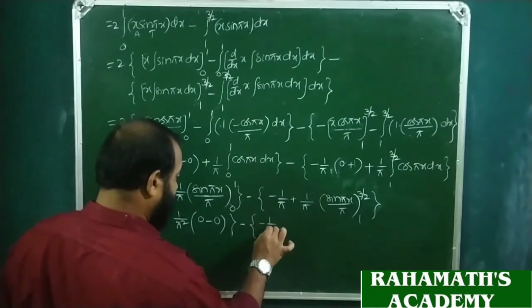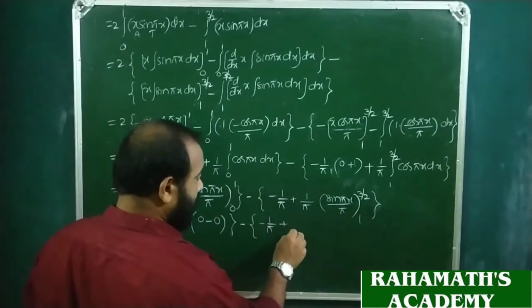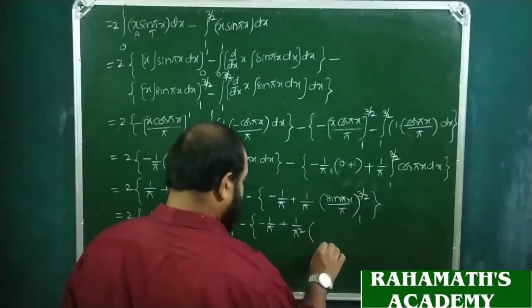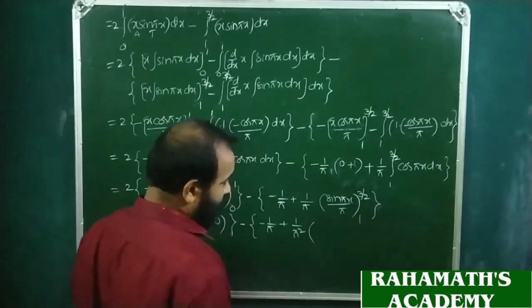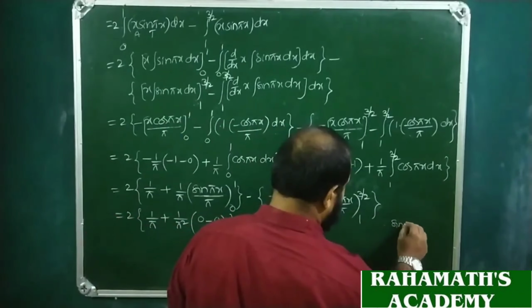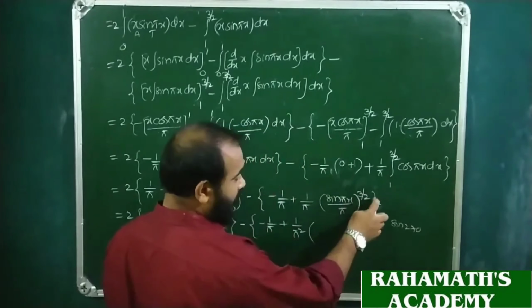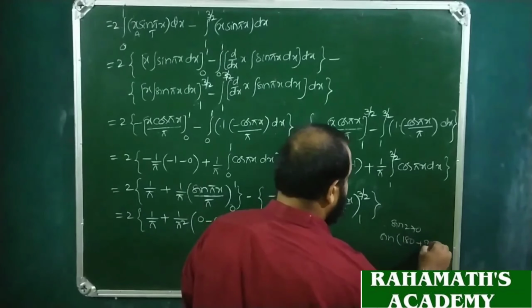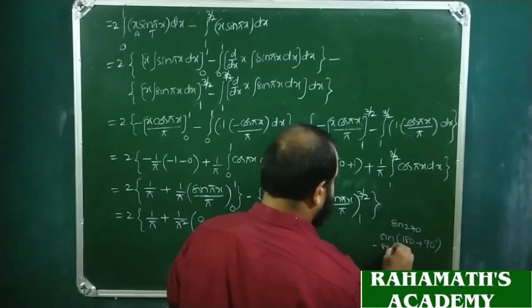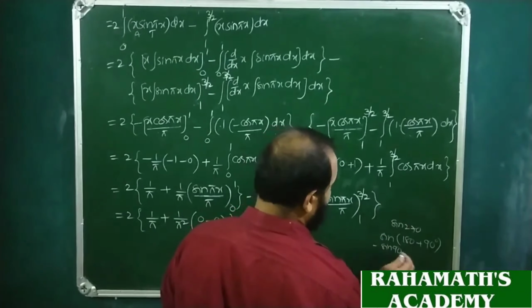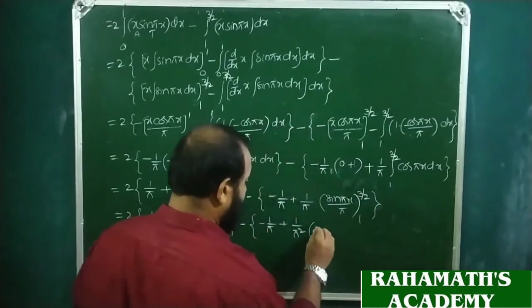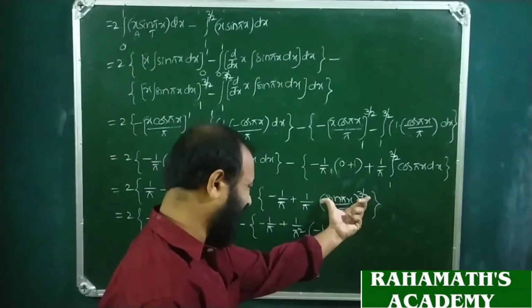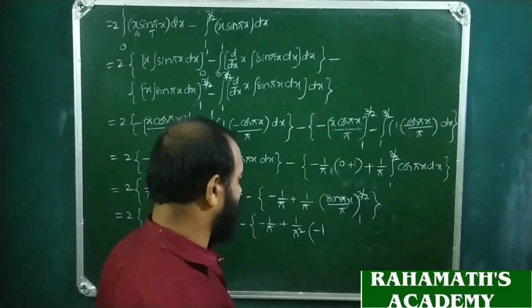Minus this is minus 1 by pi plus 1 by pi into pi square, sin pi into 3 by 2, sin 3 pi by 2 is sin 270, sin 180 plus 90 is minus sin 90, so minus 1.